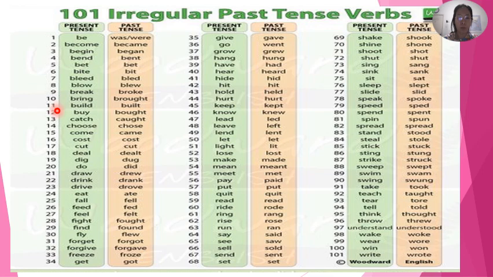Bring, brought. Build, built. Buy, bought. Catch, caught. Come, came. Cost, cost. Cut, cut. Deal, dealt. Dig, dug. Do, did. Draw, drew. Drink, drank. Okay, so the rest you can read on your own.